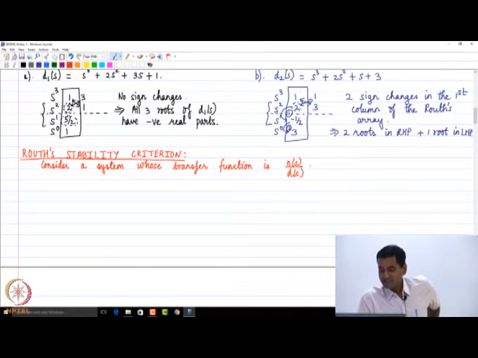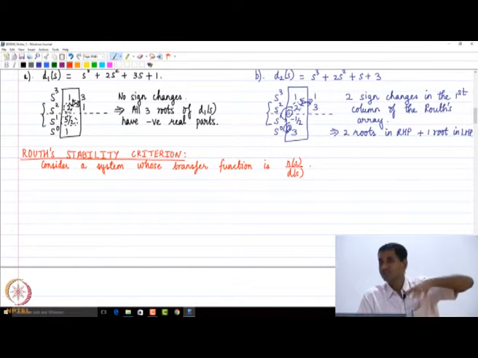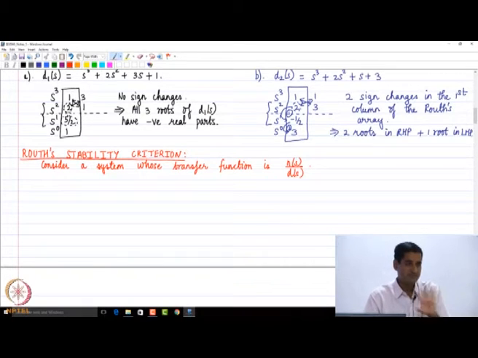It can be just the plant, the open loop transfer function, or the closed loop transfer function. So any system. But for control design, by and large we will consider the closed loop transfer function, because that's what makes sense for us.